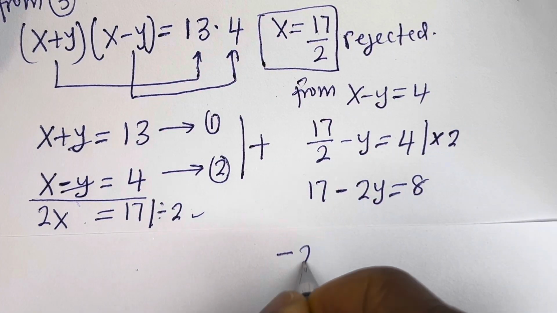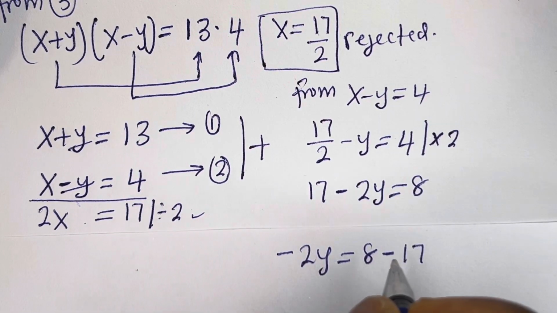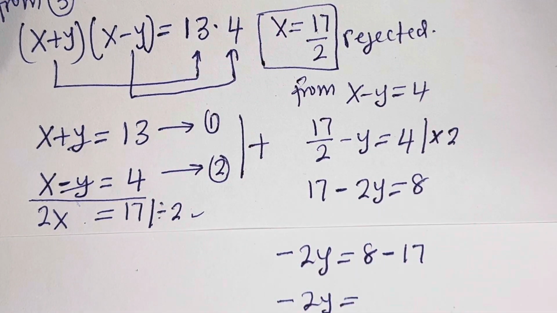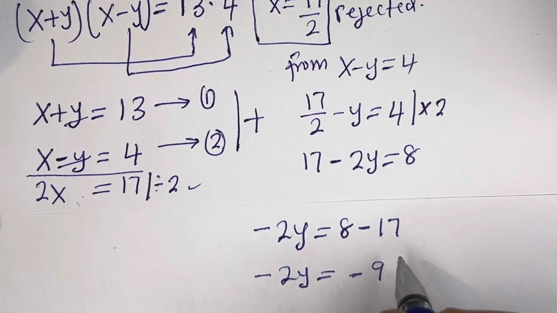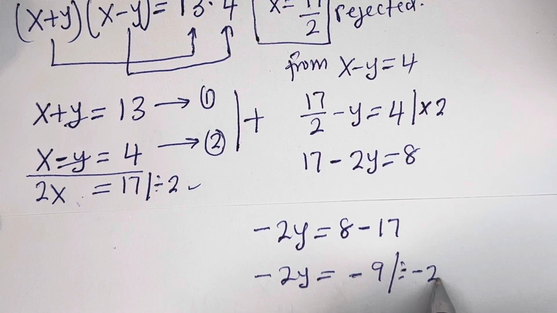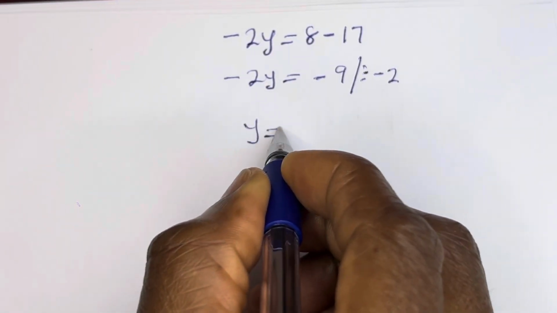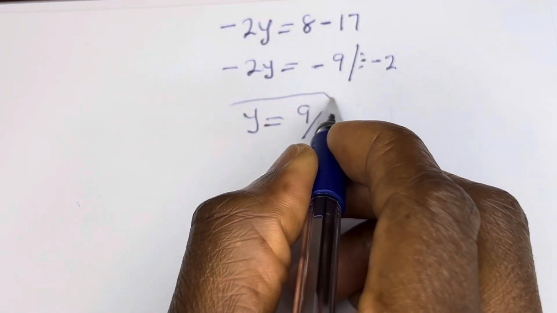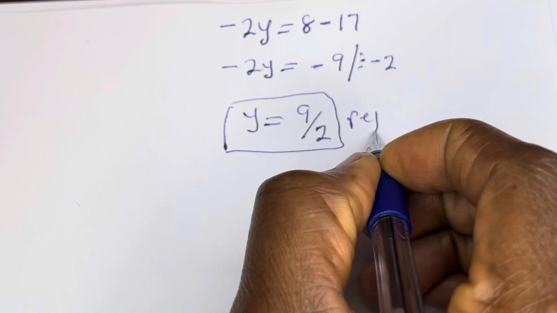Then minus 2y is equal to 8 minus 17. Minus 2y is equal to minus 9. Now let's divide all through by minus 2. Then y is equal to 9 over 2. This is the value of y, and this is not a natural number, it is rejected.